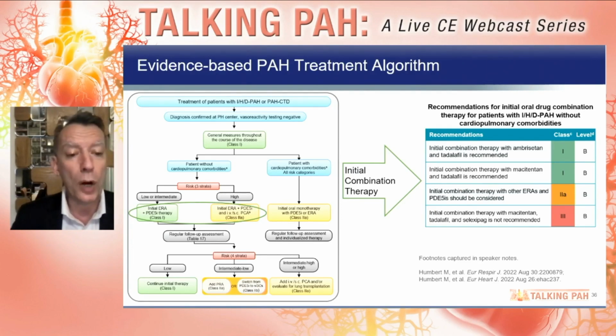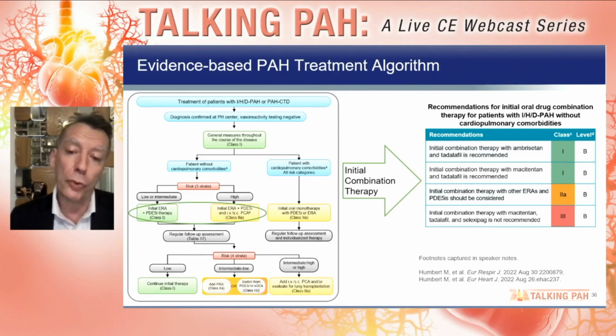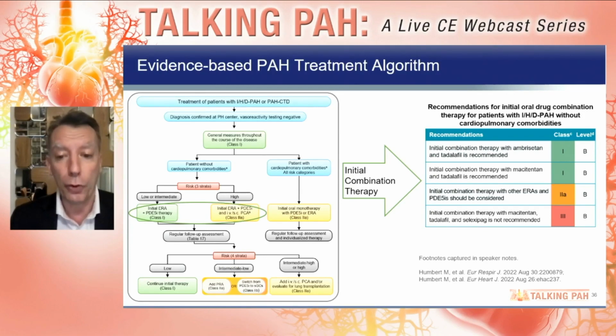If this lady was in high risk, initial triple therapy would be considered with parenteral prostacyclin on top of the two oral drugs. And you can see on the right the detail of the European guidelines with the class of recommendation and the level of evidence.